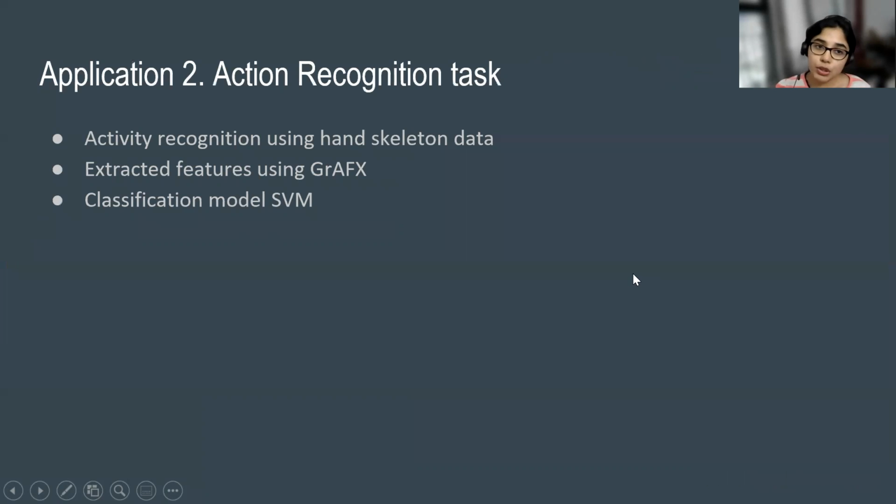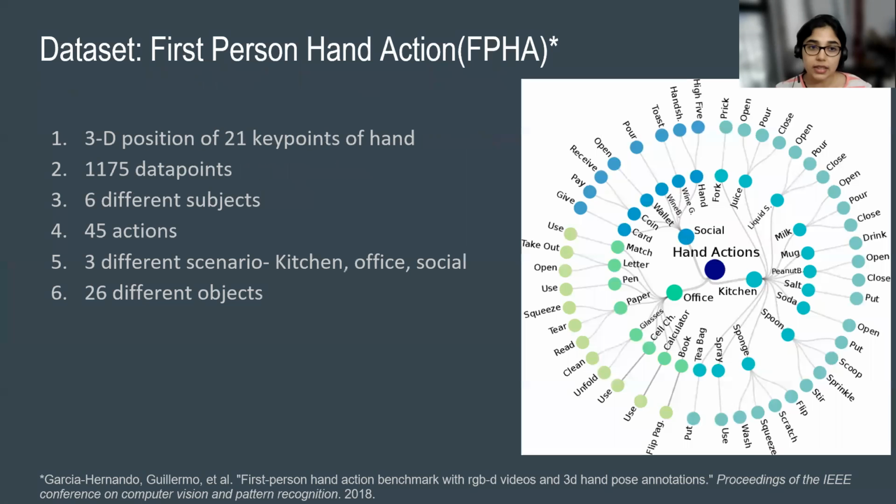Okay, now I'll move on to my second application, which is a complex action recognition task. In this task, we use our GraphX method to extract the features, and then we use an SVM-based classification model to recognize the task.